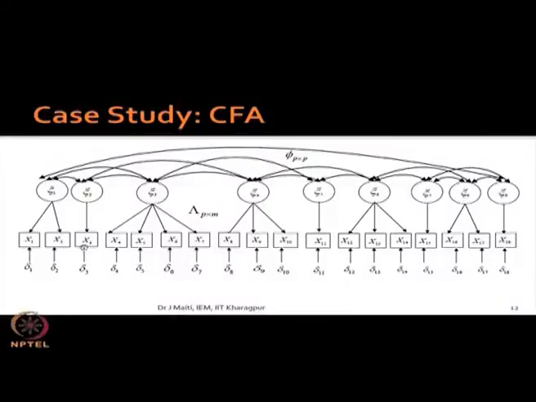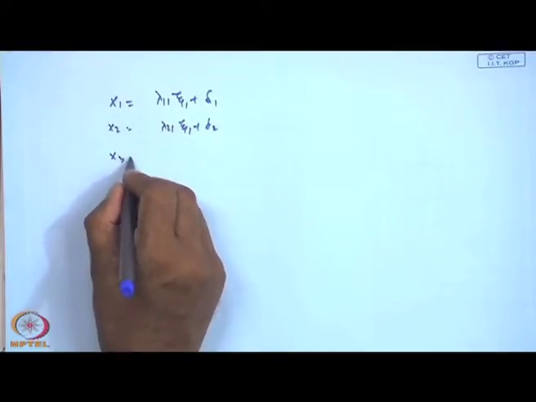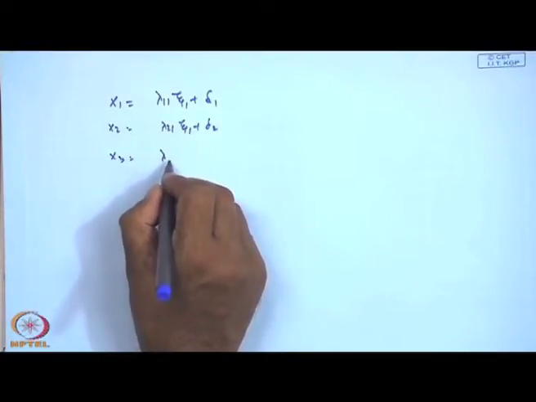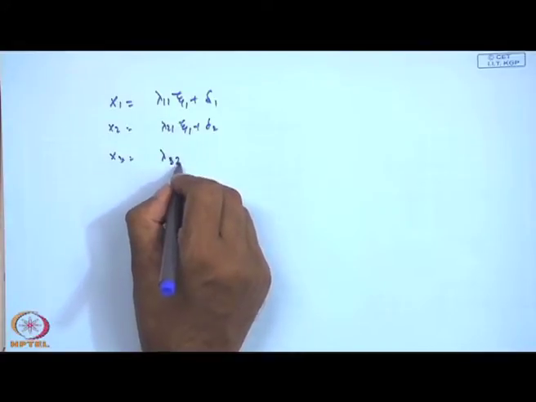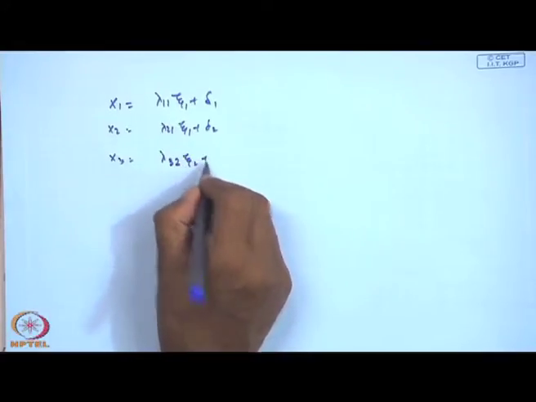If you consider x 3, it is the single indicator manifest variable for the construct xi 2. So, x 3 can be written as lambda 3 2 xi 2 plus delta 3.